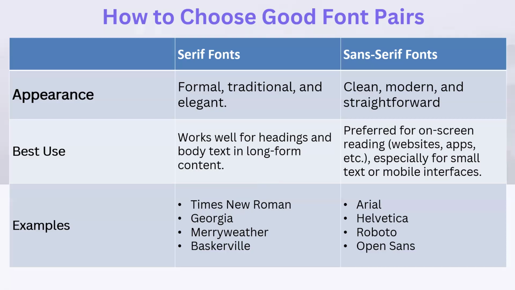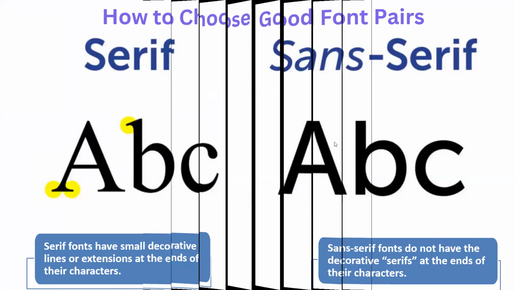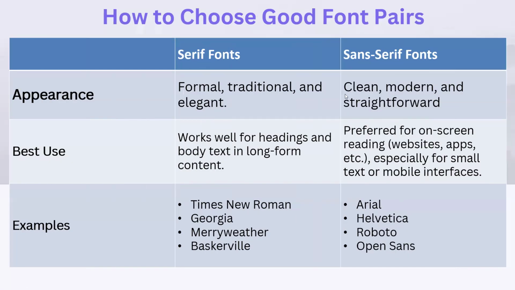On the contrary, sans serifs are clean. You see, this is clean. So in appearance, we can say they're clean, modern, and straightforward. For best use, I would recommend that on the website, you use them for body content. Why? They provide good reading experiences on all devices. Whereas serifs can be good for body, when a person views them on a mobile phone, they have to strain.